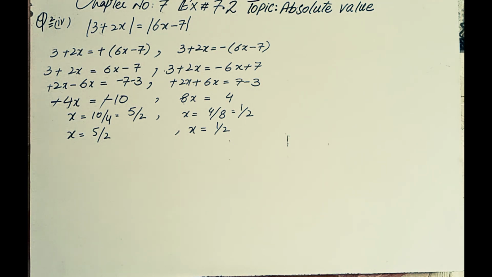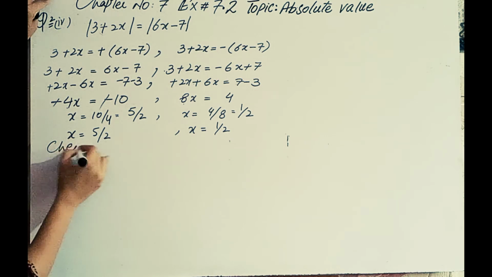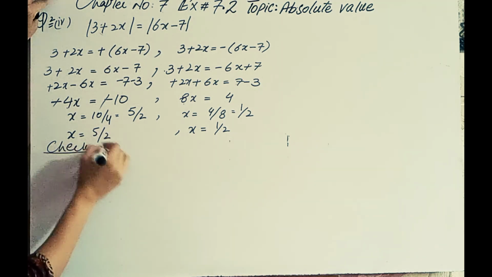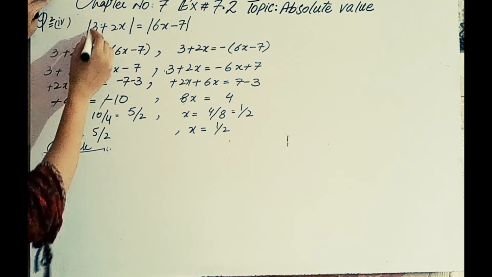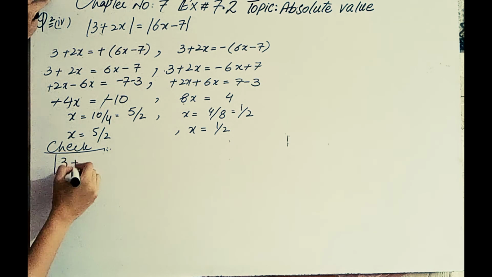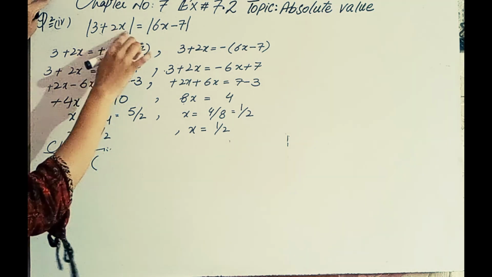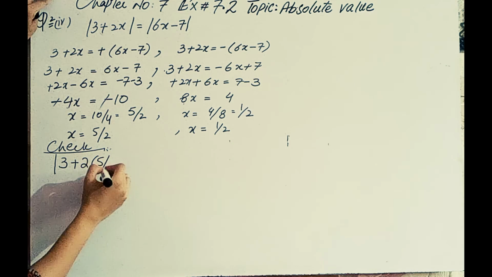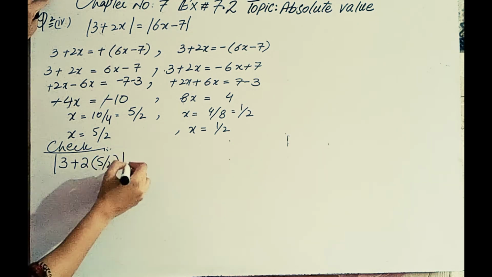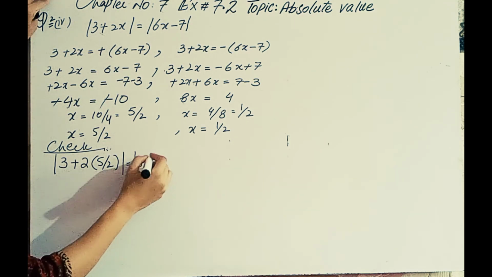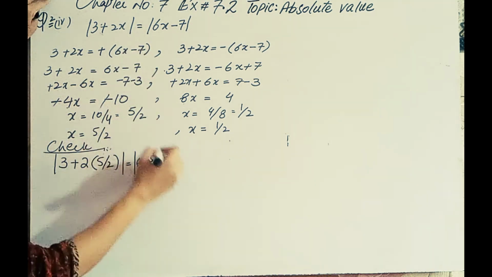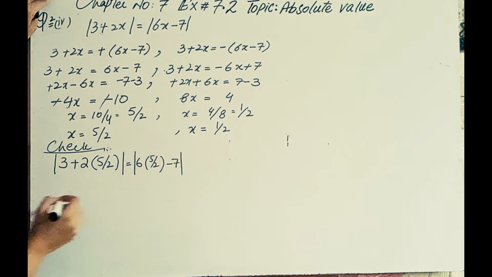Now we are going to check for this. How are we going to check that? Term by term we are going to put both the values. Okay, first I will put 5 by 2 in this given equation. First is 3, then plus 2. In place of x, what am I going to put? 5 by 2, equals 6. In place of x, 5 by 2, and then minus 7.